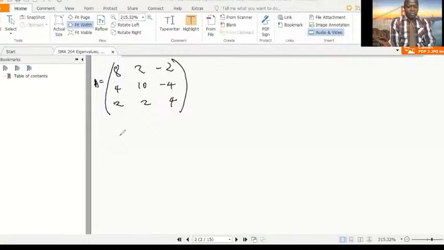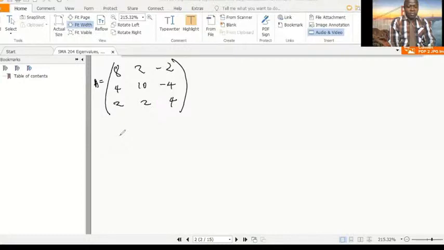And then multiply along this diagonal, and multiply along this diagonal, and then multiply along this diagonal. And add those results. So there is the product here plus the product here plus the product here.